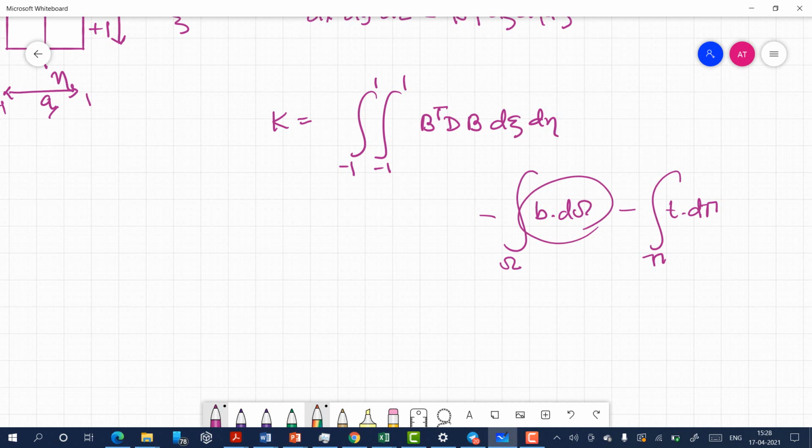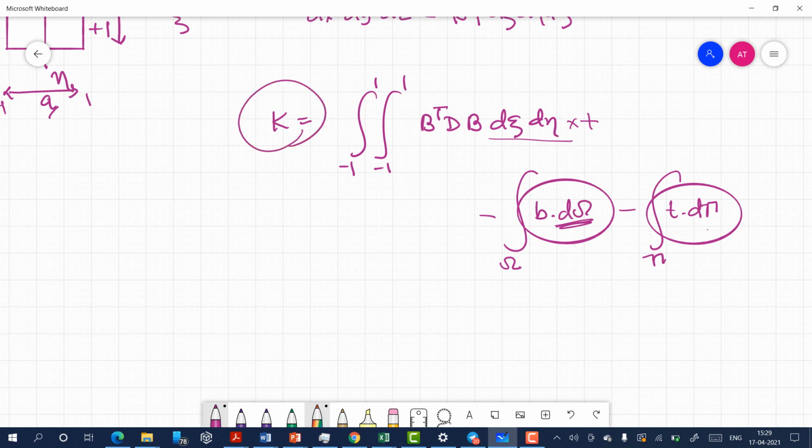Again you see we have d omega, and we can break it into d epsilon d zeta into thickness value and change the limits from -1 to +1, and we can also do it for the surface. This scheme is applied in all the terms, but we are now focusing only on the first term, which is the stiffness matrix.